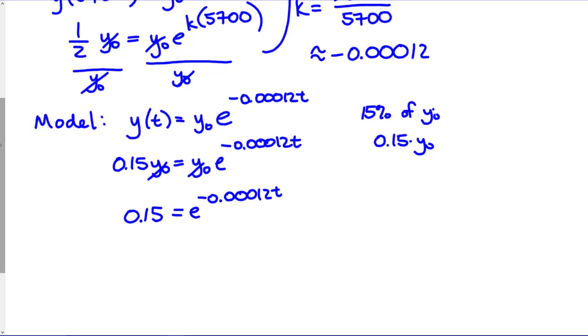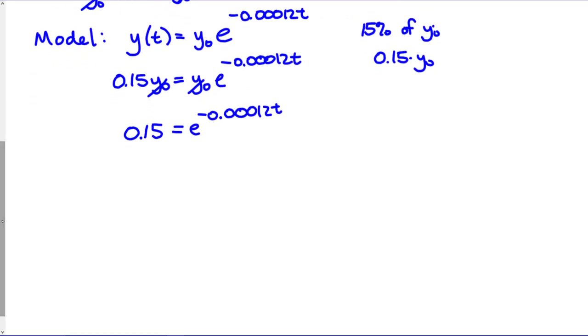So I would need to change this into a logarithm. It would be a log base e, which is a natural log, of 0.15 equals negative 0.00012t.